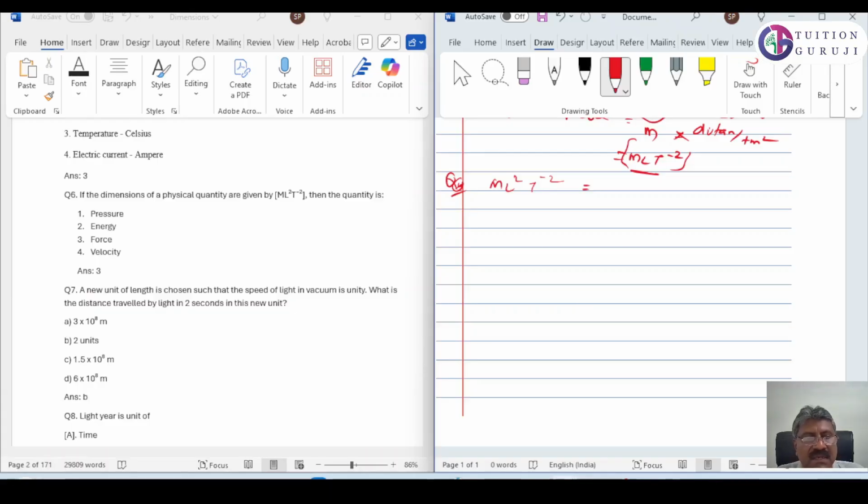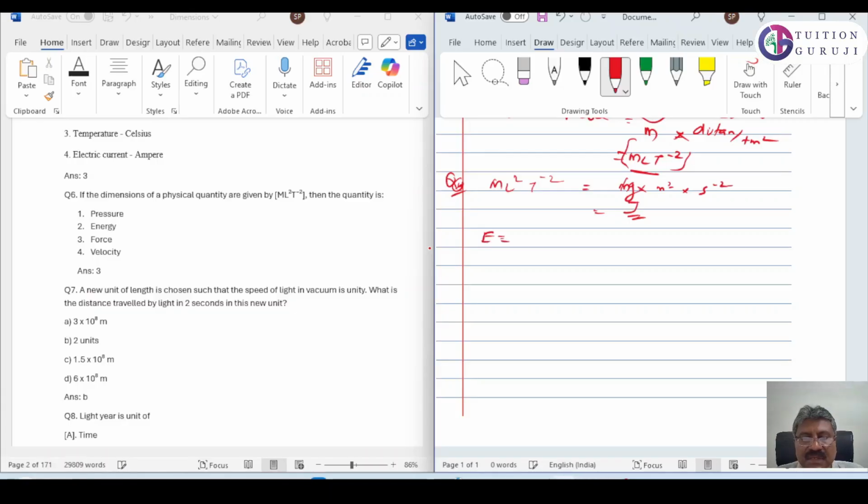It is not 3. It is actually 2. M L square T raised to minus 2 means it is energy. Mass into L square means kilogram meter square, second raised to minus 2, which is joule. It is the unit for energy.